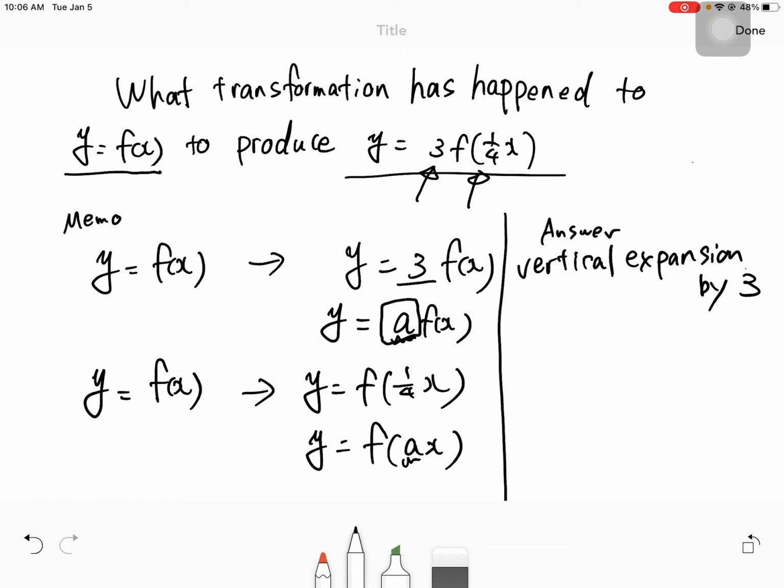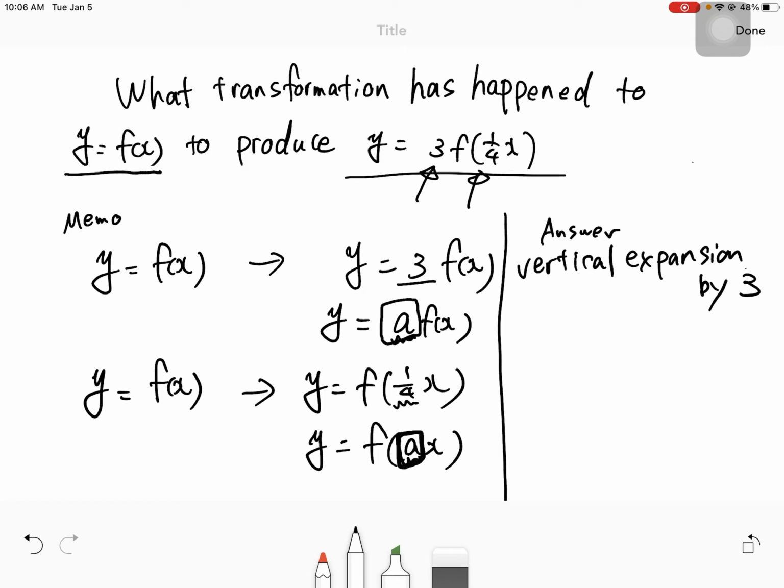But in this case you have to be very careful, because different from vertical compression and expansion, if this value is bigger than 1, it's going to be compression, not expansion. And if this value is smaller than 1, it's going to be horizontal expansion.